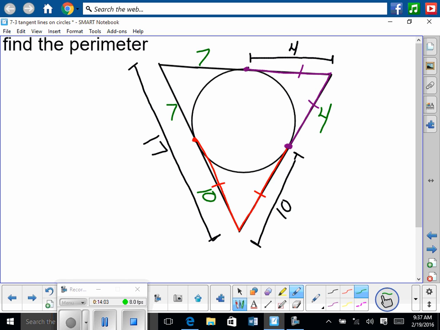So we have 17 plus 10 plus 4 plus 4 plus 7, right? Does everybody see how to do that? Isn't that how we find a perimeter? Adding up the outside. Does everybody see that?